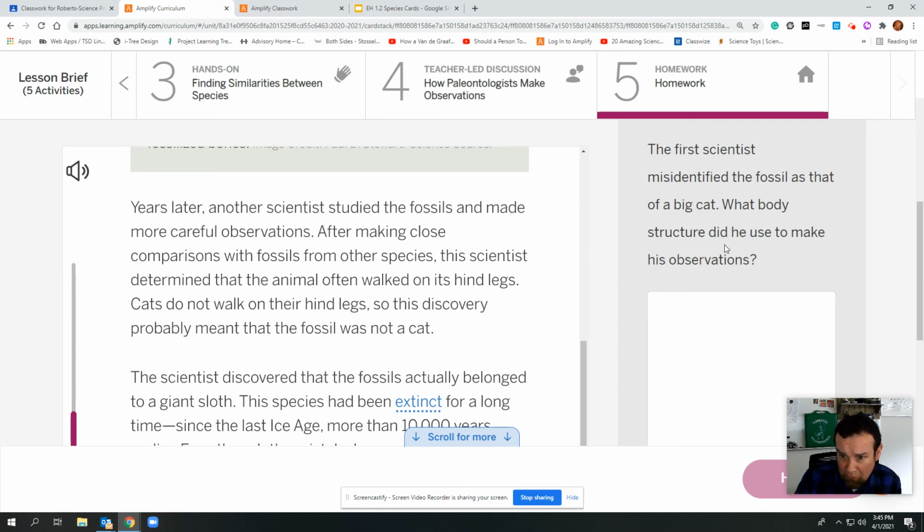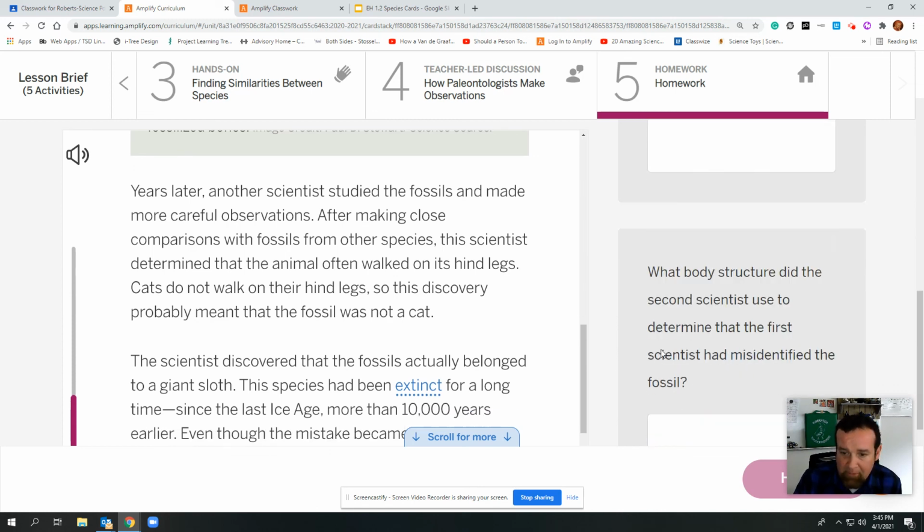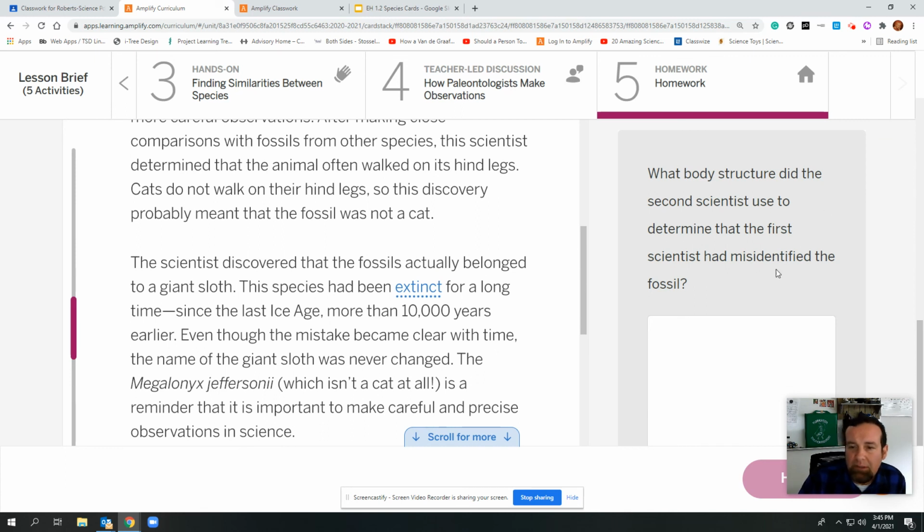What body structure did he use to make his observations? And then this other question: what body structure did the second scientist use to determine that the first scientist had made a boo-boo or misidentified that fossil? And when you're done with those two questions, you're going to push that hand in button, and then you are good to go for lesson 1.2.